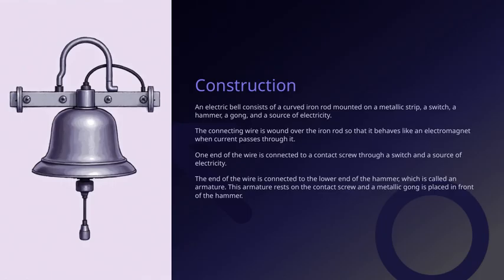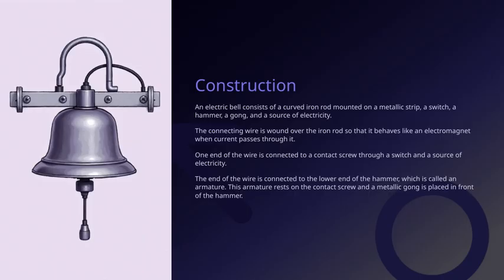Let's take a closer look at how an electric bell is constructed. It consists of several key components: a curved iron rod mounted on a metallic strip, a switch, a hammer, a gong, and of course, a source of electricity. Now, the connecting wire is wound around the iron rod in such a way that it acts like an electromagnet when current flows through it. This is a crucial point because it's this electromagnetism that drives the operation of the bell. One end of this wire is connected to a contact screw via a switch and the power source.